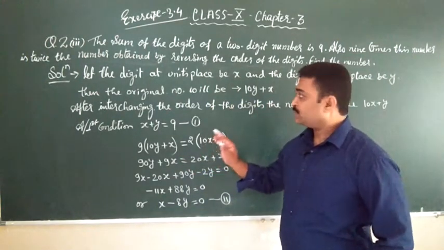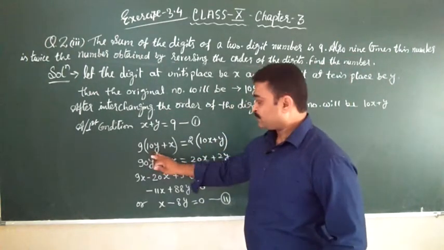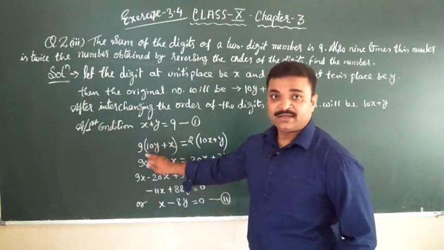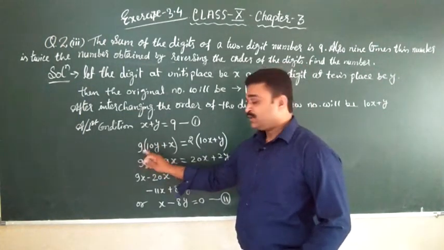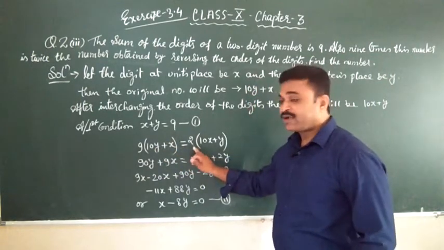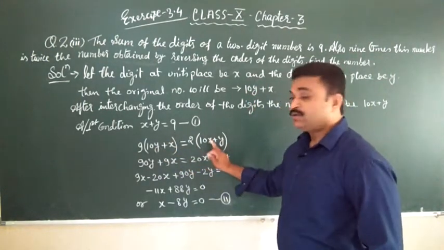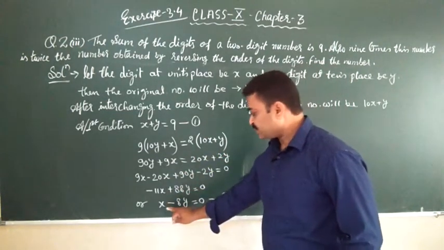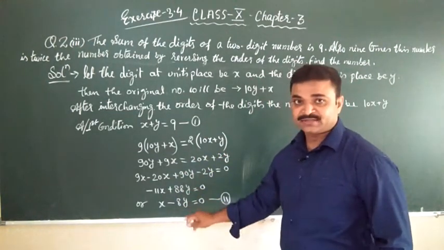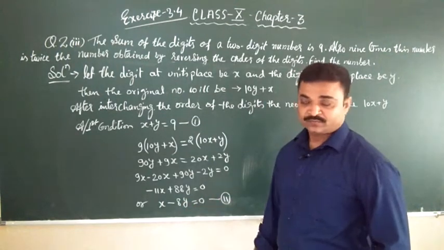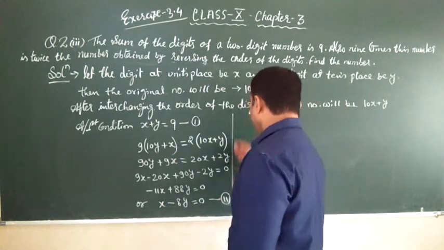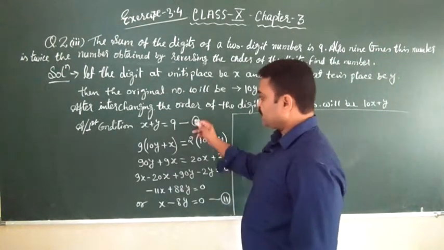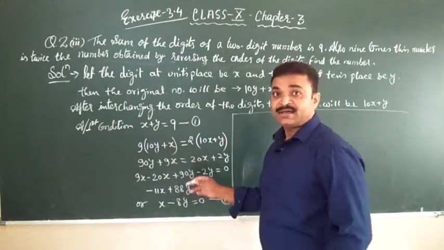I am repeating once again. The number, when multiplied by 9, gives twice the new number. Clear? And after solving this, we get our second equation, that is x minus 8y is equal to 0. Now, we will solve these two equations by the elimination method.